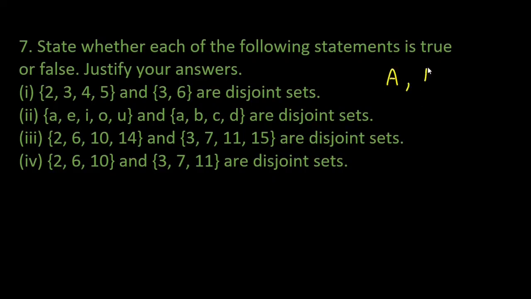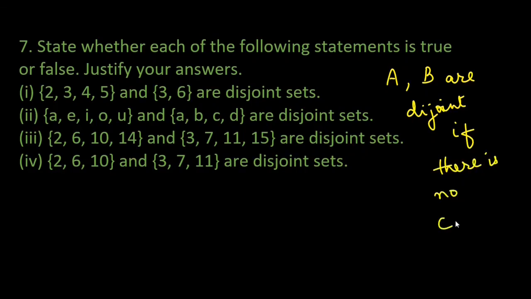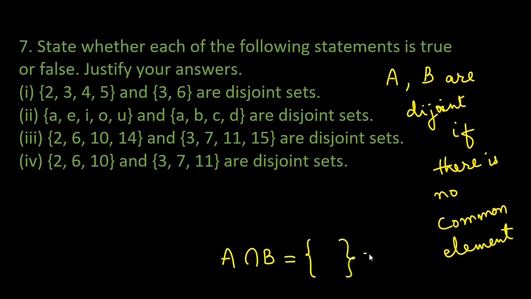Sets A and B are called disjoint if there is no common element, that means A intersection B is the empty set.